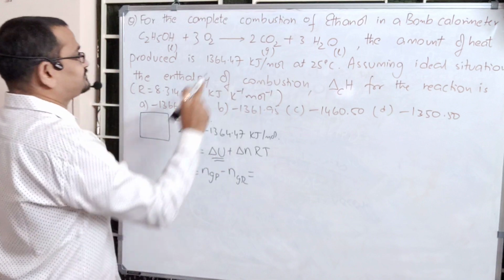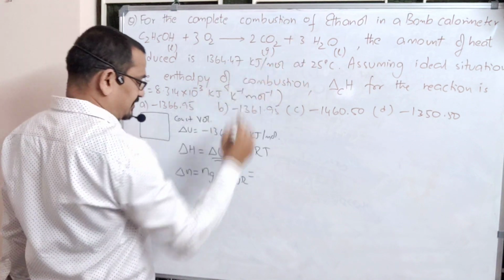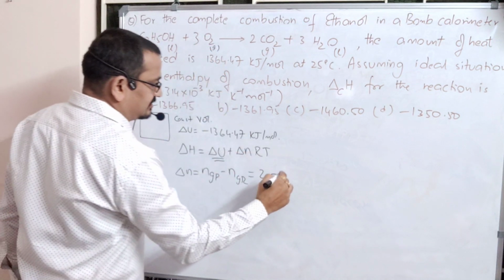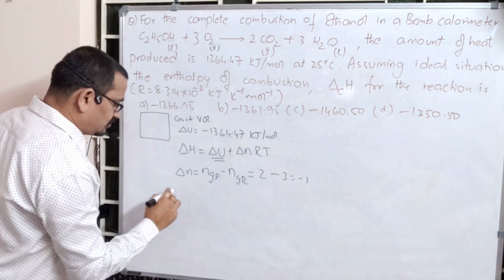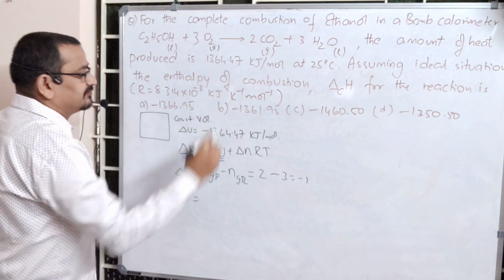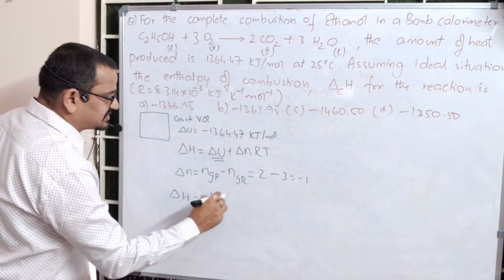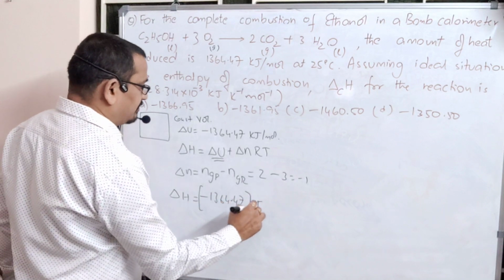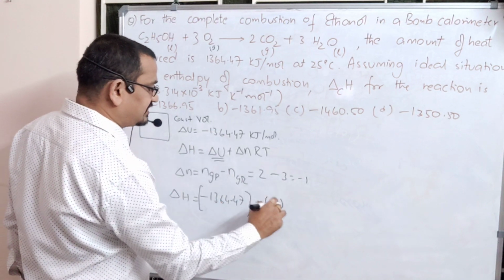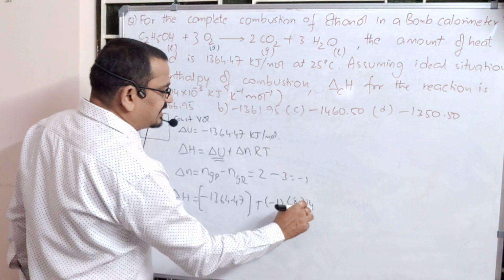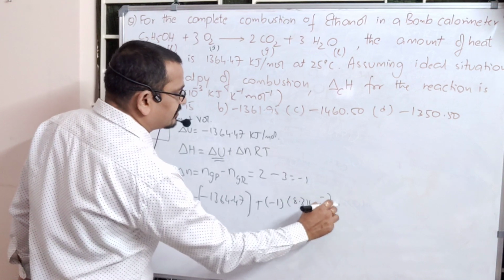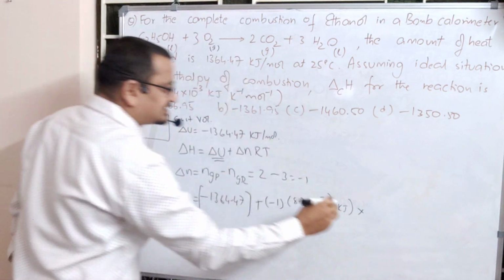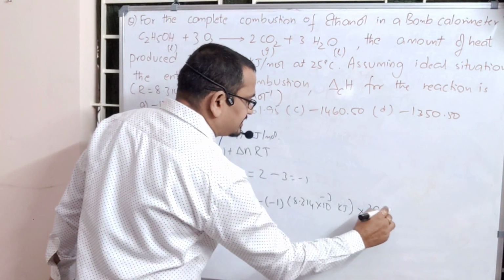Delta n, the change in number of moles, is, as we discussed, gaseous products minus gaseous reactants. That equals how many gaseous products? It is 2. Minus how many gaseous reactants? Oxygen is the only gas here, 3. It is minus 1. So delta H equals minus 1364.47, this is delta U, plus delta n, which is minus 1, into R value 8.314 into 10 power minus 3 kilojoules, into temperature, at 25 degrees Celsius, meaning 298 Kelvin.